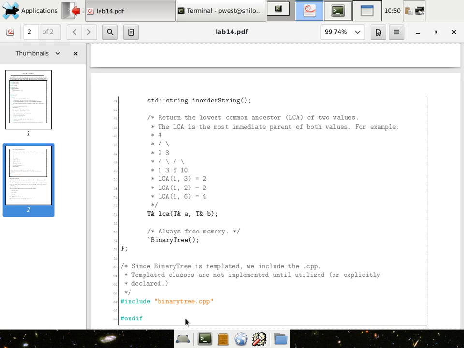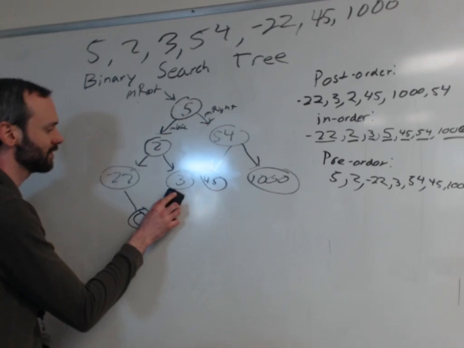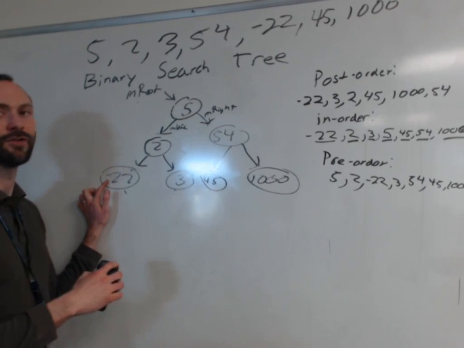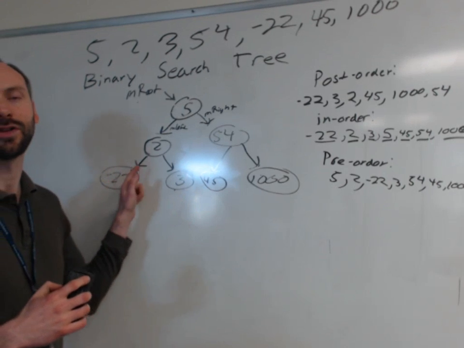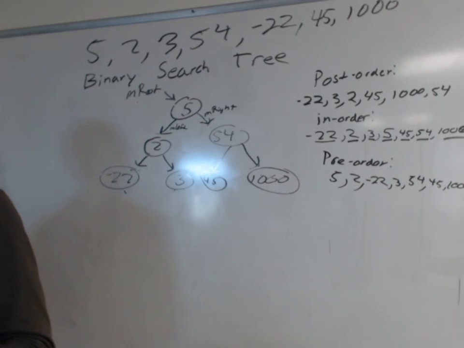You want to do a traversal again, but post order. Let me erase these 3 extra nodes we created so this makes sense. You want to do a post order because once you're finished with a node and you're not going to use any of its children, then you can delete it and return.